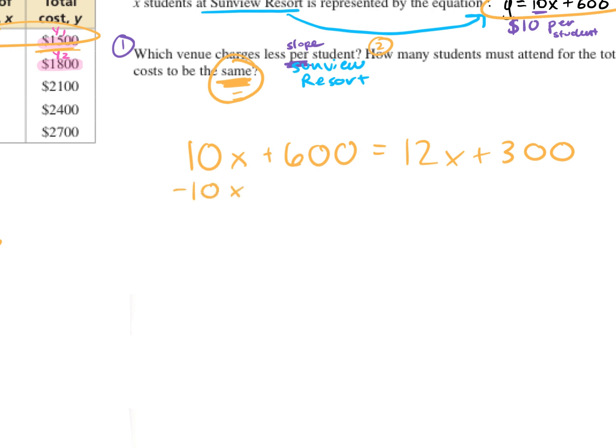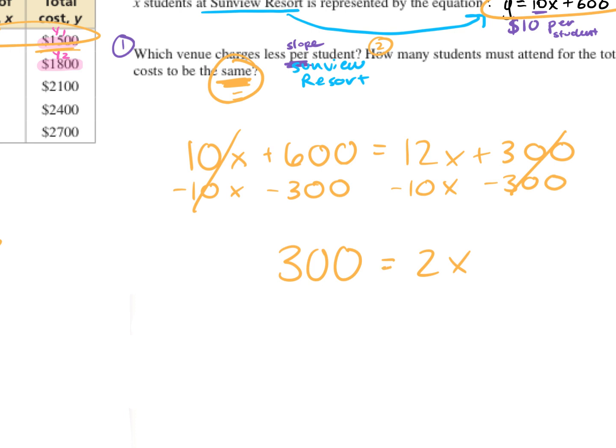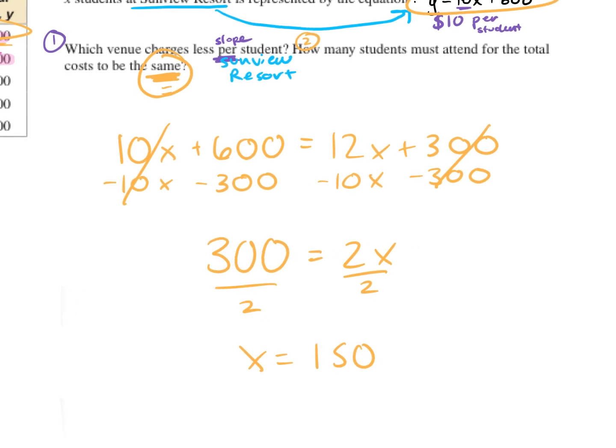Subtract 10x. Move it to the other side. I can also subtract 300. Move it to the other side. So we get 300 is equal to 2x. Last step, divide by 2. So x is equal to 150. So 150 students must attend for the total cost to be the same.